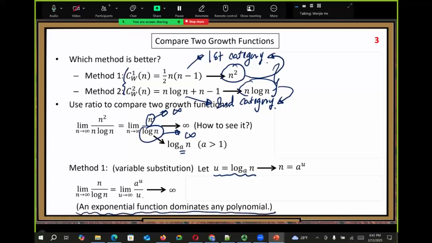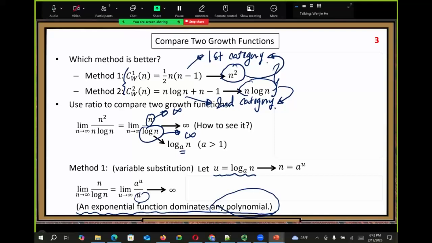Because a linear function is a special polynomial. An exponential function can dominate any polynomial. That is what people always use in real life. Many people say exponential function grows much faster than any polynomial function.